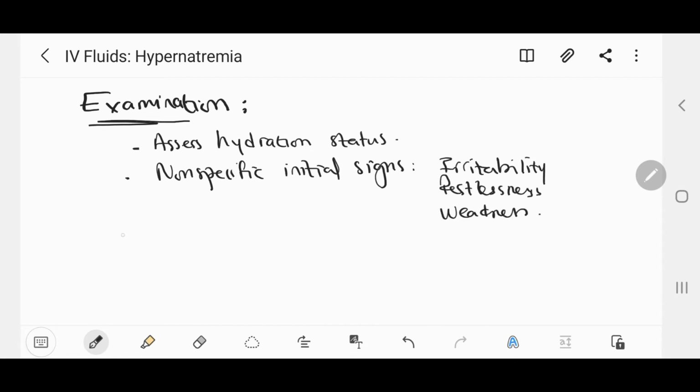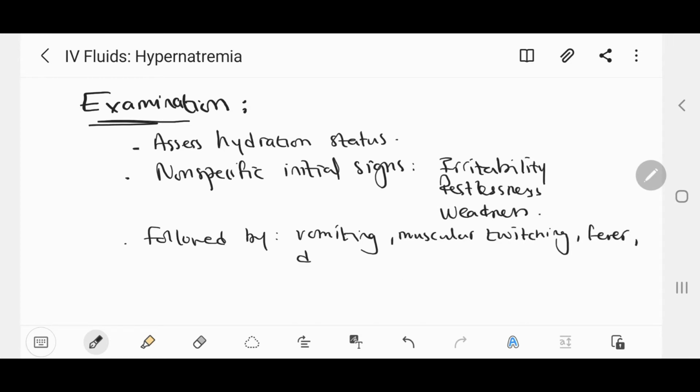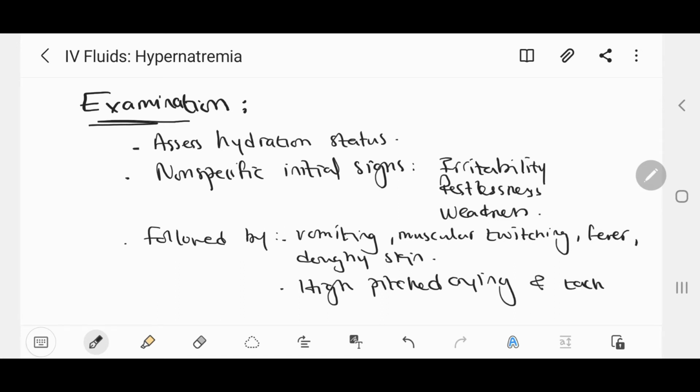This can be followed by vomiting, muscular twitching, fever, or doughy skin. Doughy skin is, from its name, skin that is like dough. It's soft and full of fluids. And high-pitched crying and tachypnea can be seen in infants.